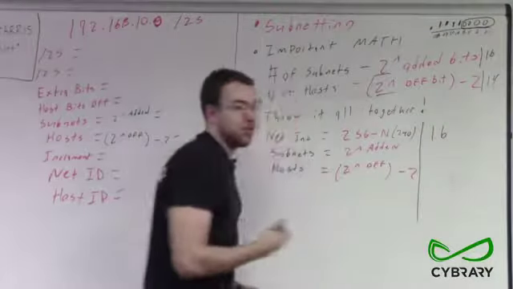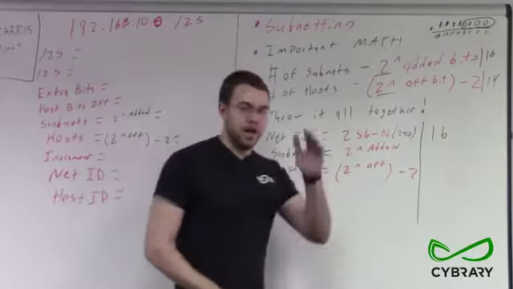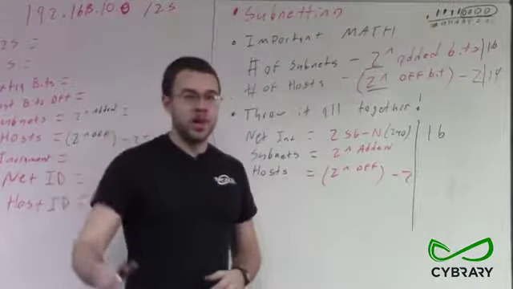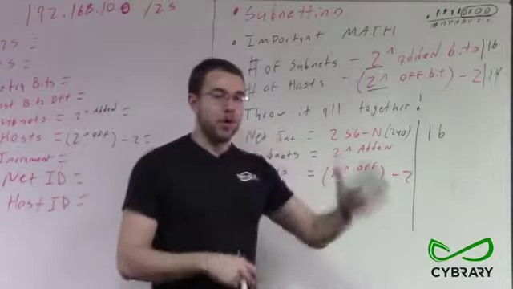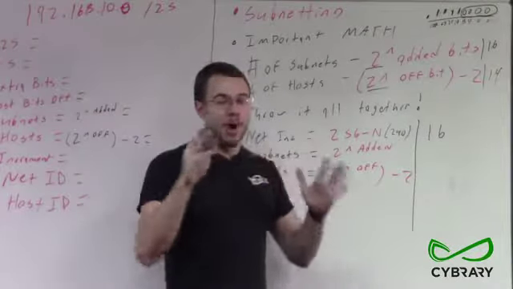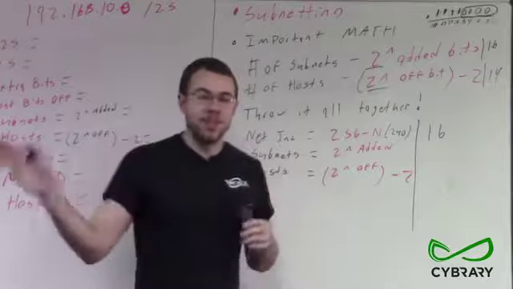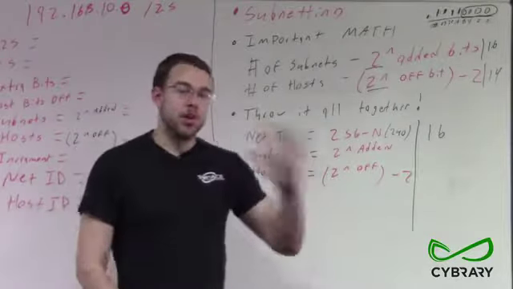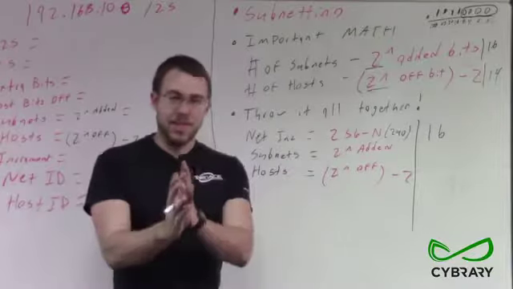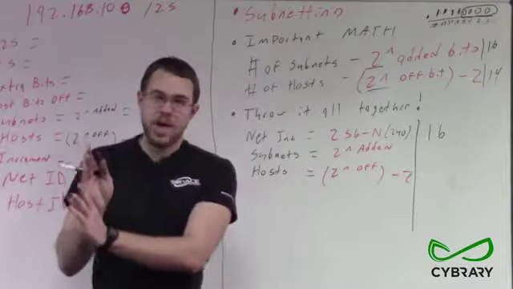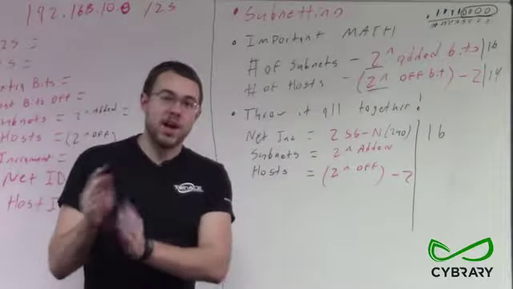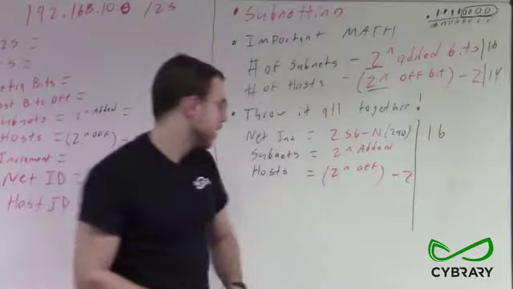That's our network increment. We increment our network by 0, 16, 32, 48, etc., and each of those increments is our network ID. So 0 is our network ID, 16 is our network ID, 32 is our network ID, 48 is our network ID, and on and on.